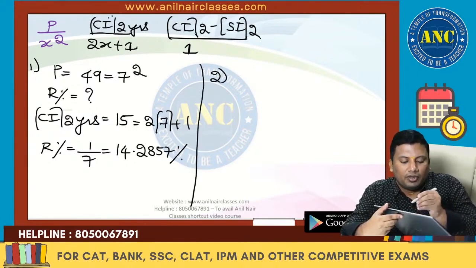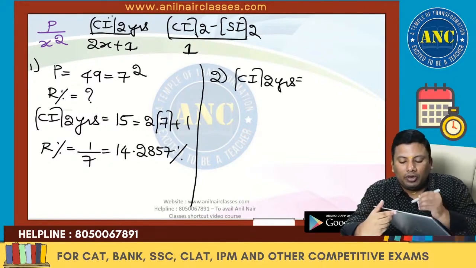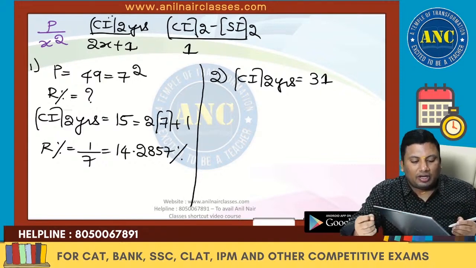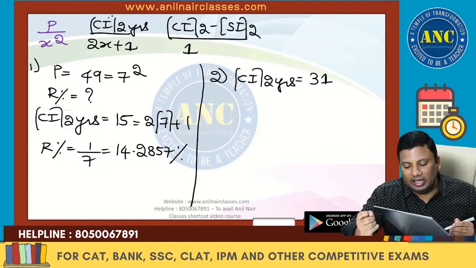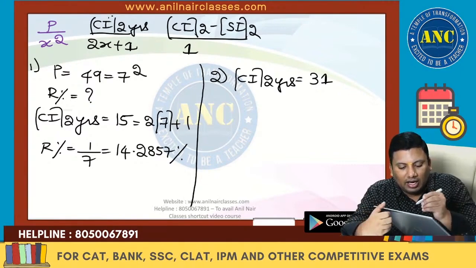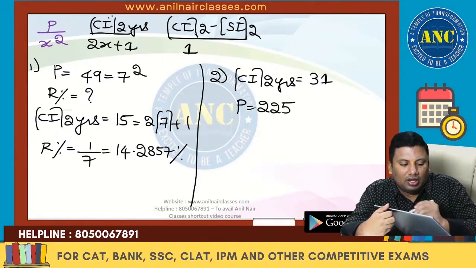Second one, compound interest for 2 years is nothing but 31. Right? Compound interest is given as 31. Right? Principal is given as 225.